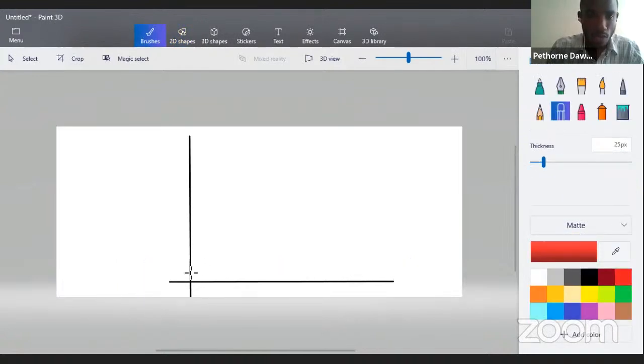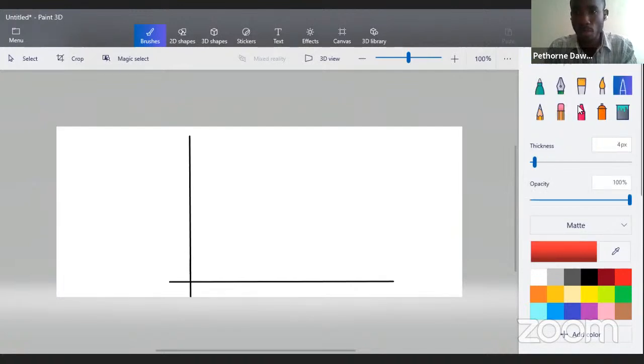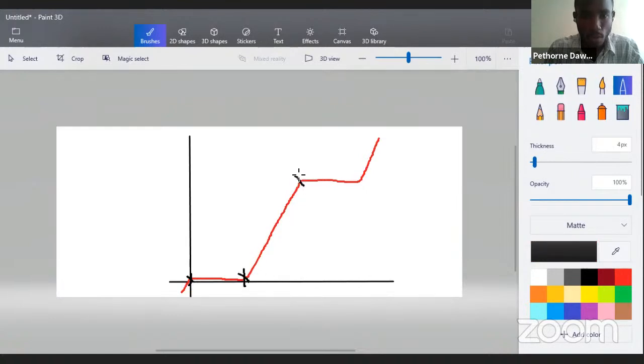Now, for a typical heating curve for water, it will have this basic shape. All right, and we have one point here, another point here, another point here, another point here.